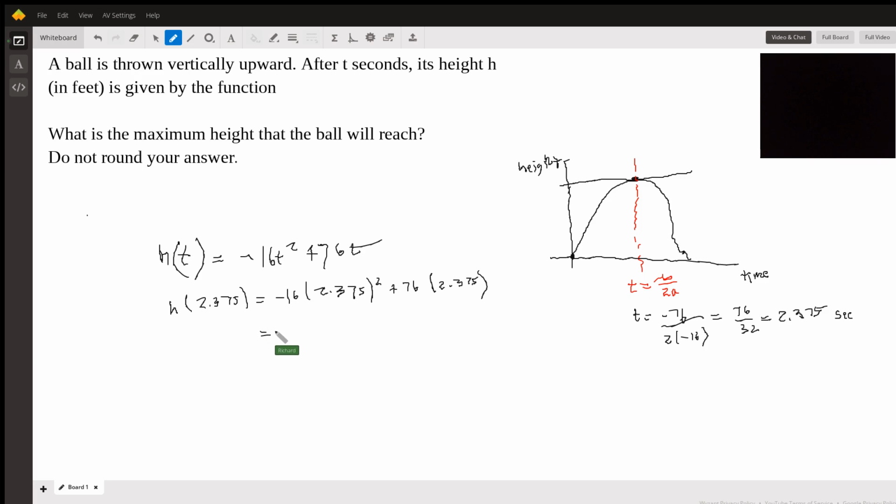You just put that in the calculator, and you're going to get negative 90.25 plus 180.5, and add those two things together, and you're going to get 90.25 feet. And that's our answer. That's the height of the ball at its maximum height.